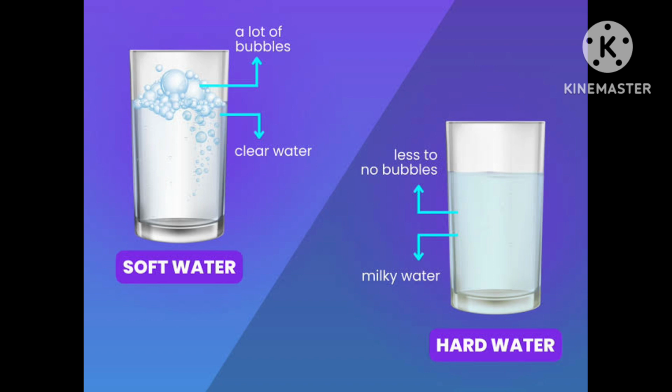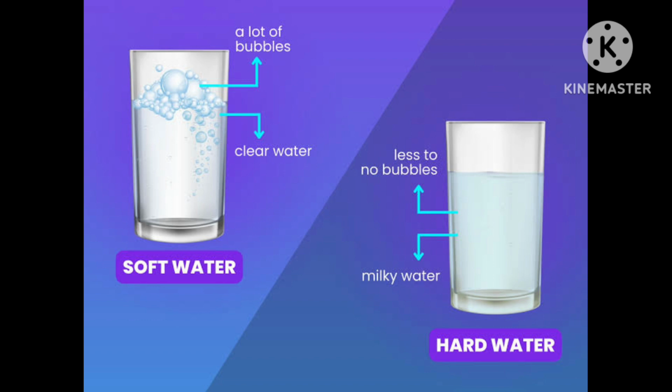Now come to the permanent hardness. Permanent hardness is very important and very difficult to remove. Permanent hardness is also called non-carbonate hardness.